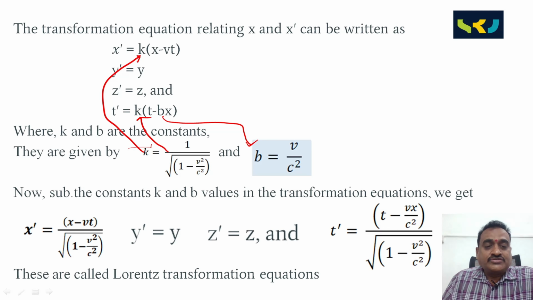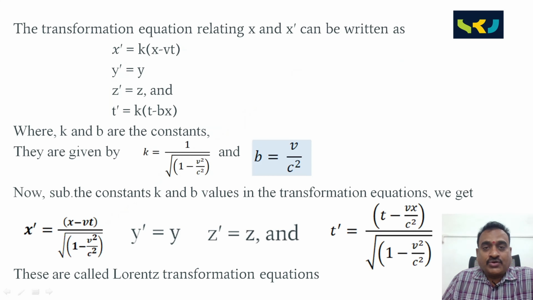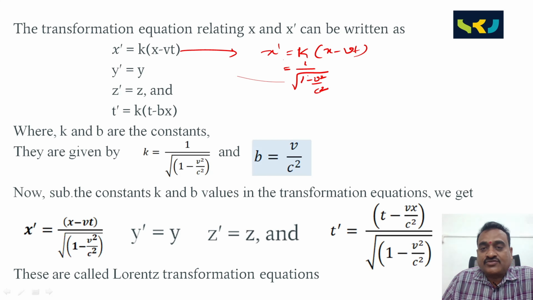Just substituting this k value in the x dash equation and also k and b in the t dash equation, we get x dash is equal to k into x minus Vt. Substituting the k value, 1 by root of 1 minus v square by c square, into x minus Vt.